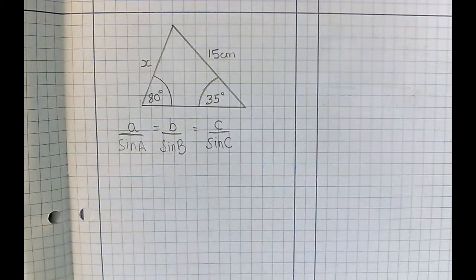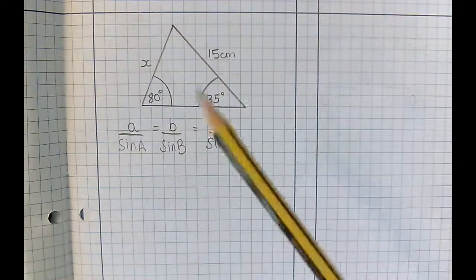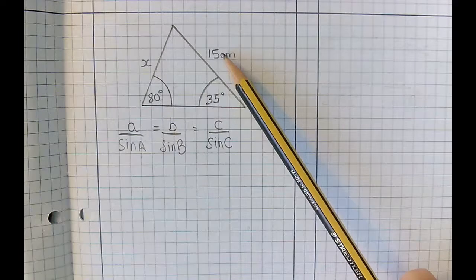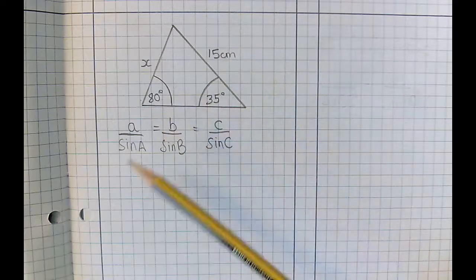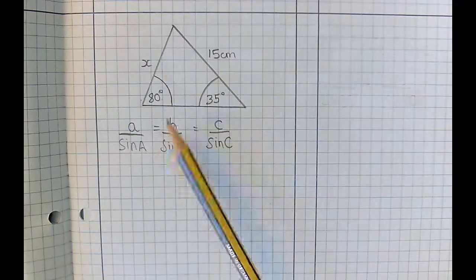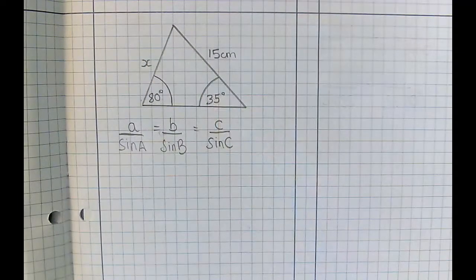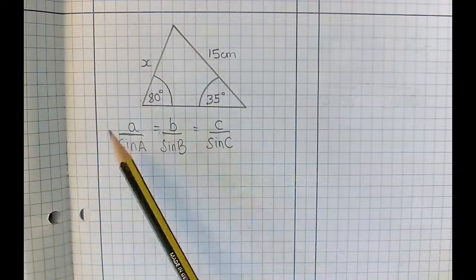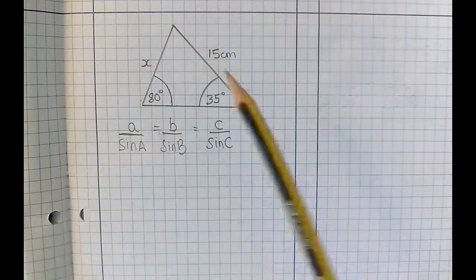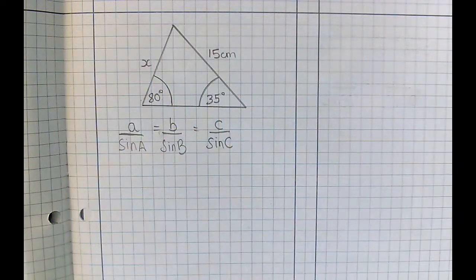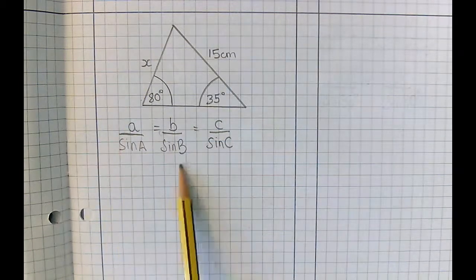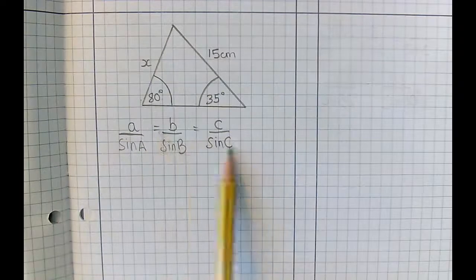It tells you that if you divide 15 by sine 80, you'll get the same answer as doing x divided by sine 35. Now I know the sine rule links A, B and C, therefore it links all three sides together, but you don't need to know all three sides to use it. You can either use A and B, or B and C, or just A and C.